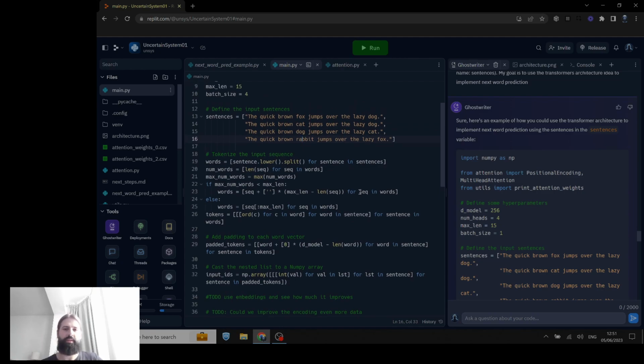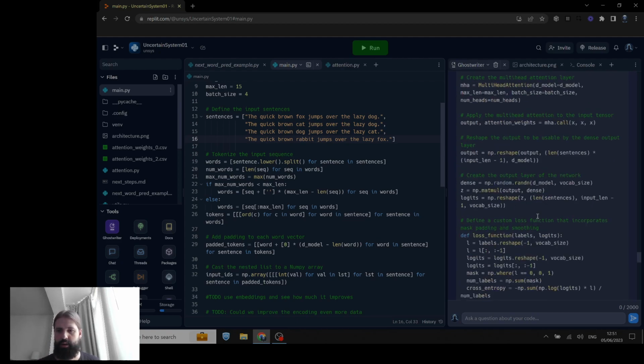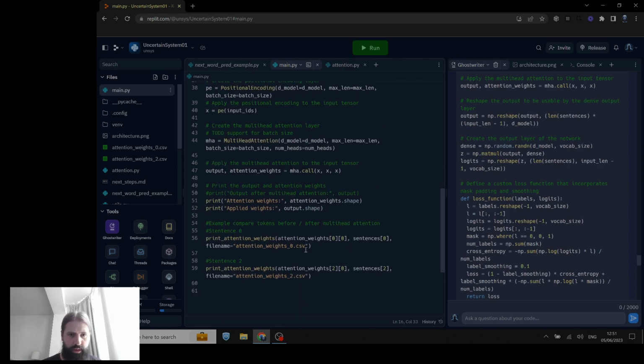But it seems like the high-level steps I need to do are to build an actual vocabulary, then split these into training examples, and I could do this with windowing. And then essentially, I'd still need to build this kind of dense layer. Or maybe that is already the attention weights output.